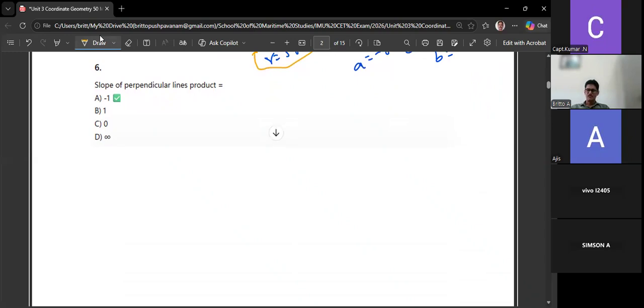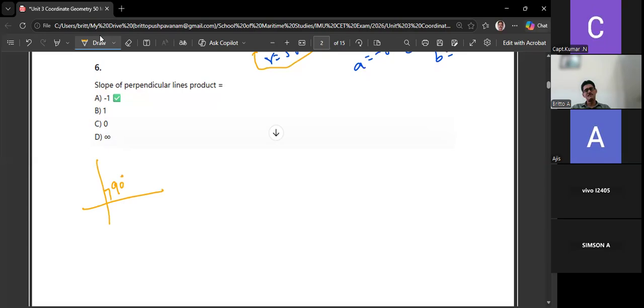When the two lines are perpendicular, for example, this is one line and this is another line, then the angle between the two straight lines is 90 degrees. So when the two lines are perpendicular, we write the formula for the slope.